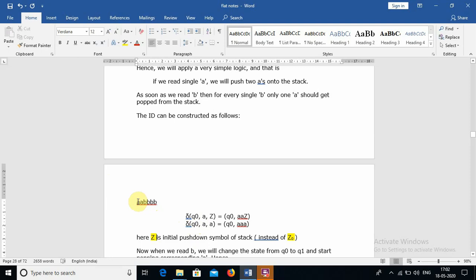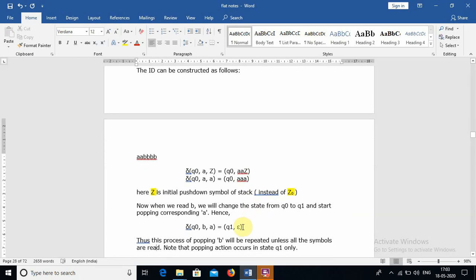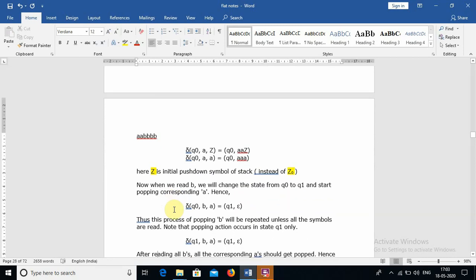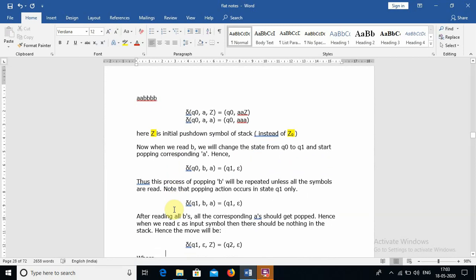For a single a, we are pushing 2 a's. If the input is a and the top of the stack is a, we stay in the same state and push like this. Z we are using here instead of Z0.